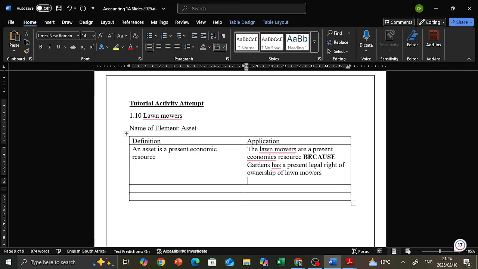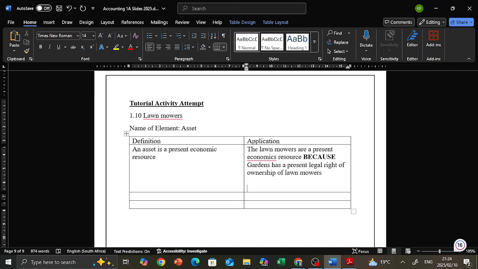Then, remember I told you with the asset definition, it's not just the fact that it's a perk and we are popping Percocets. No, we're not just popping Percocets. We have to state the economic resource definition.